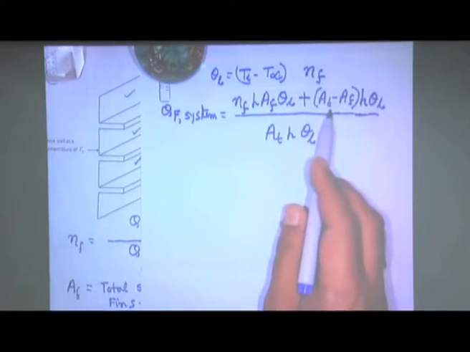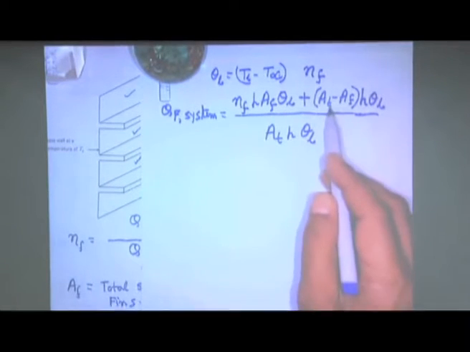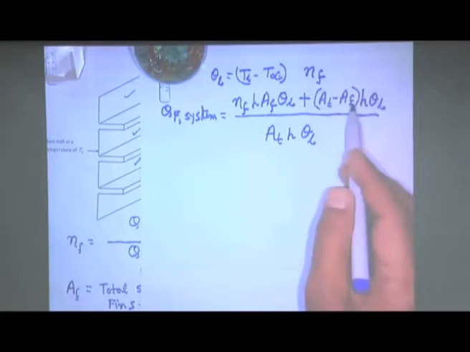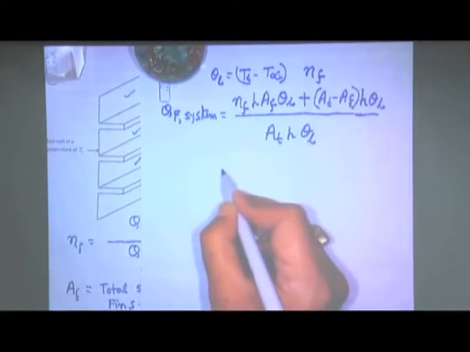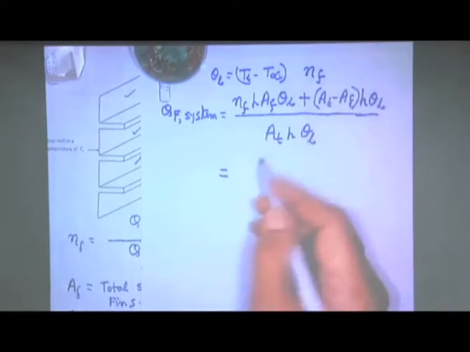That means how to express this? If we know the total surface area of the fin and the total surface area including the unfinned portion plus fin, then minus the fin portion, this is the area of the unfinned portion, AT minus AF. This can be written in a simple expression taking AT, h, theta B as a separate term.